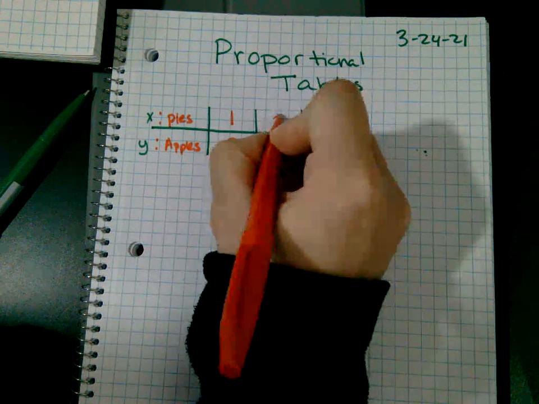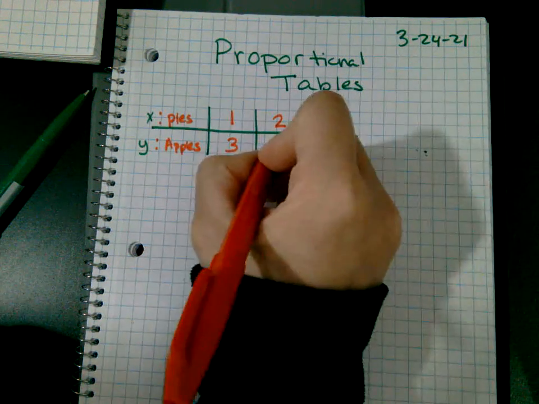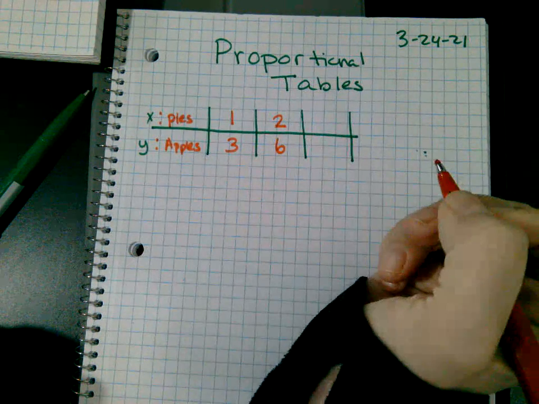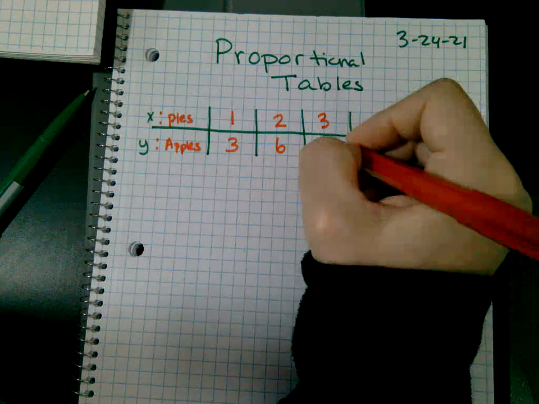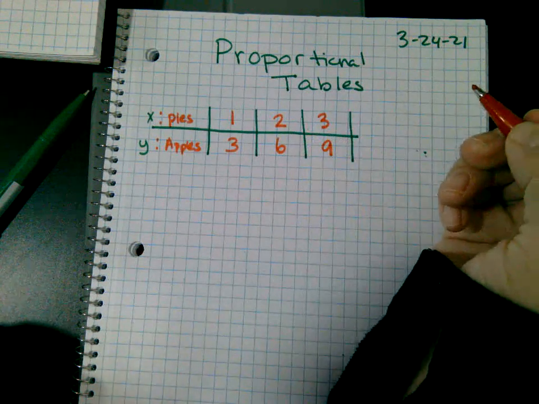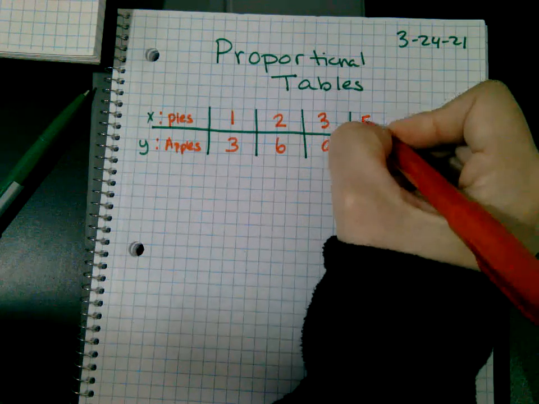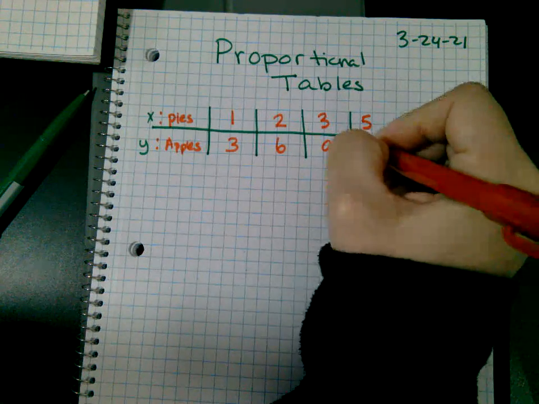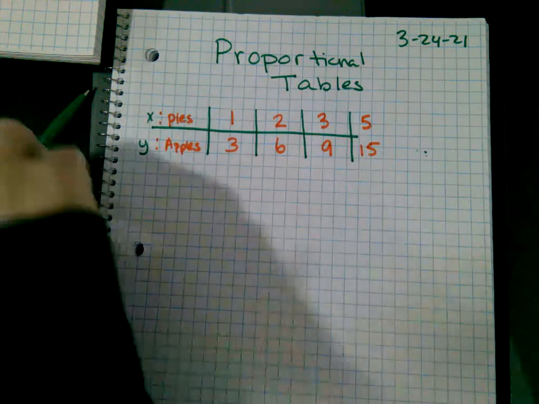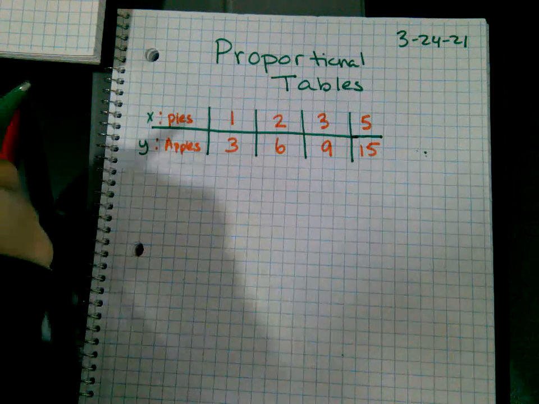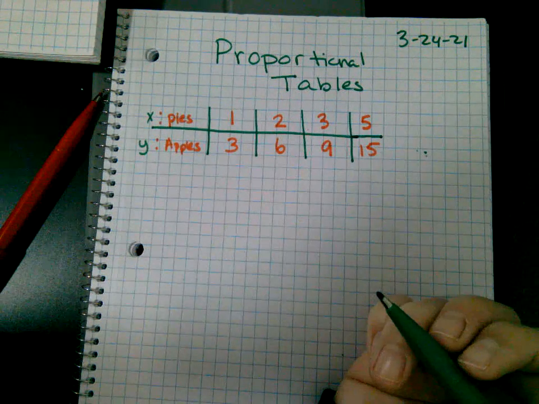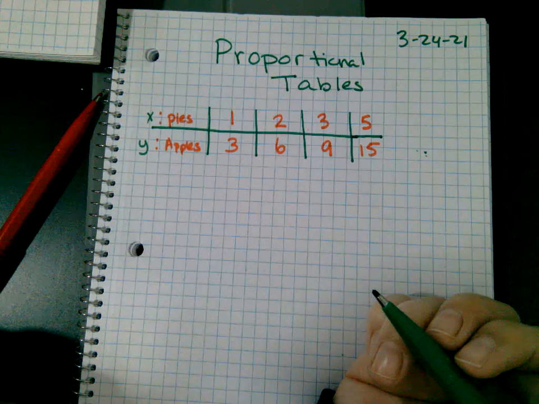If I bake 2 apple pies, I'm going to need 6 apples. If I bake 3 apple pies, I'm going to need a total of 9 apples. If I bake 5 apple pies, I'm going to need a total of 15 apples. Okay?